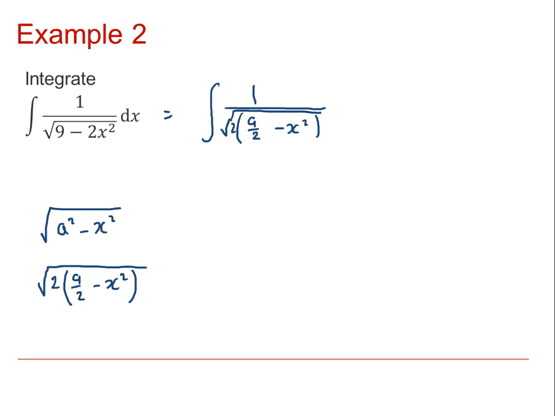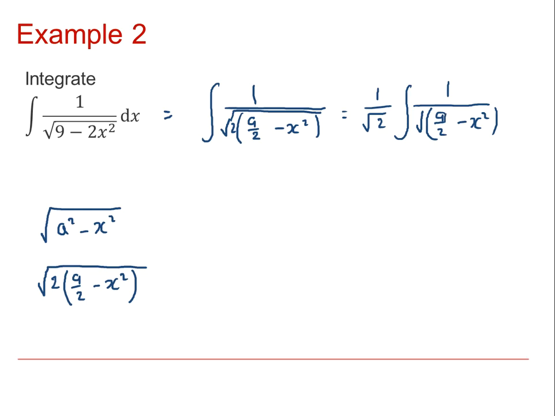We can take that first root 2 outside the integral, so that this is then equal to 1 over root 2, times the integral of 1 over the square root of 9 over 2 minus x squared.